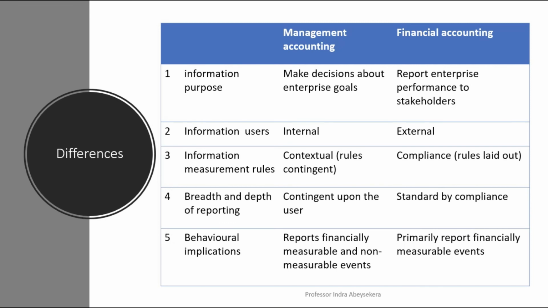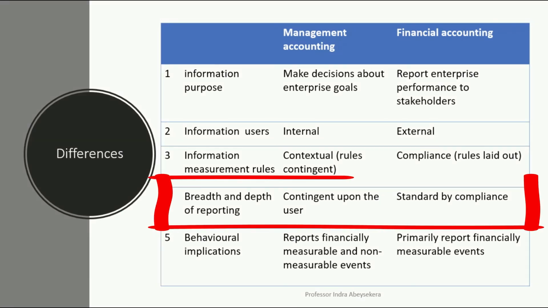The fourth is the breadth and the depth of reporting. In management accounting, it's contingent upon the user, whereas in financial accounting, there are standards to comply, and the breadth and the depth is defined by the compliance requirements.